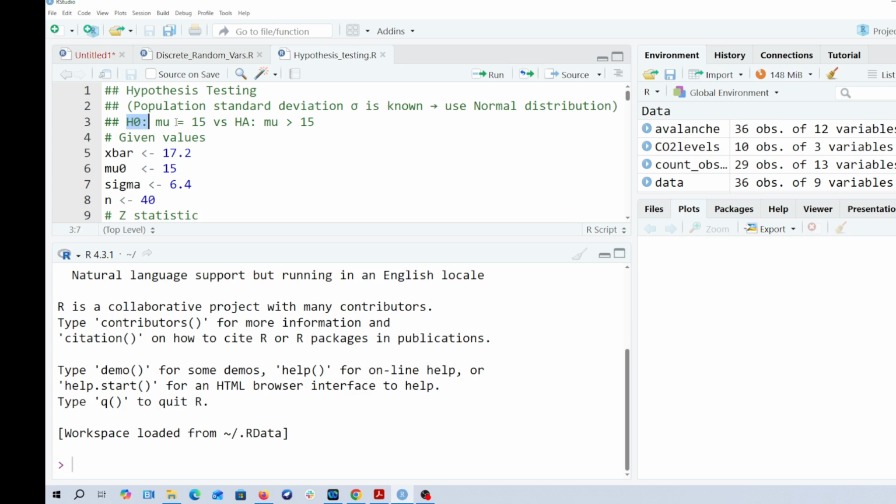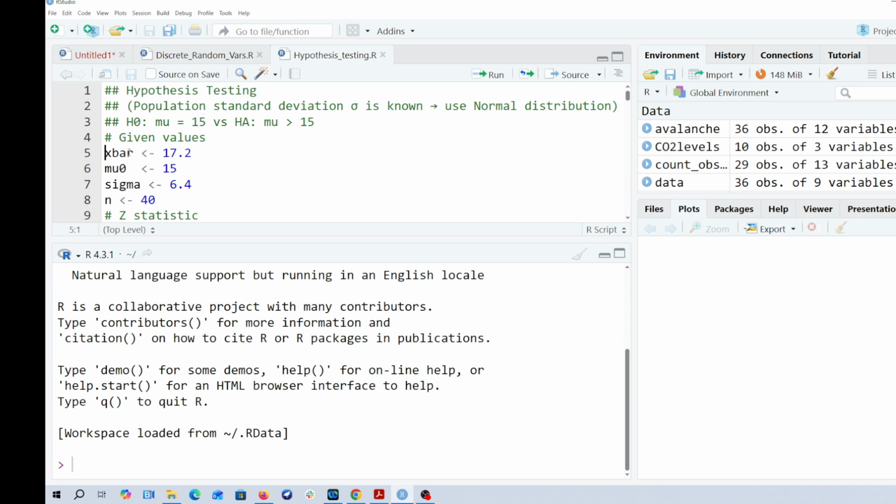Now, for hypothesis testing, we have two-way and one-way hypothesis testing. So here we are looking at the alternative, which is our hypothesis of interest, that this mean is greater than 15. The null hypothesis, we use it a lot to be able to make a judgment whether what we are trying to test is correct or not.